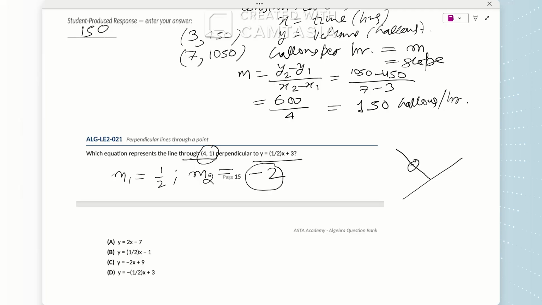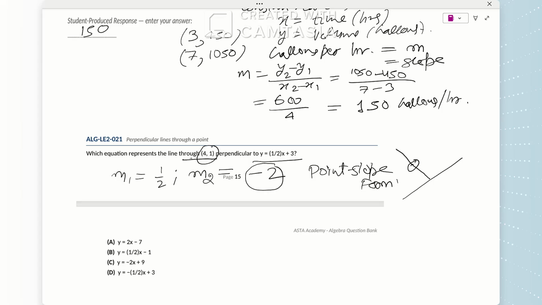How can you do that? Well, you can use the point slope form of the equation.